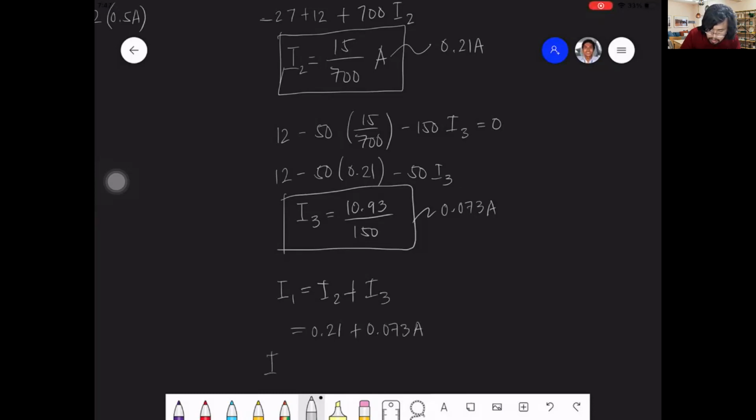That's 0.094 amperes. Okay, so that's the final answers. Let's proceed to the next problem.